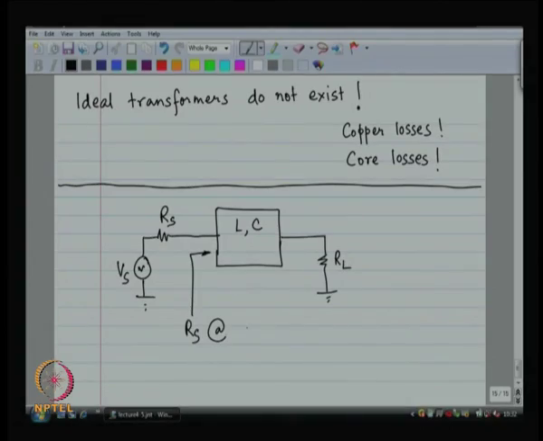What is possible is to make a network which at discrete interesting frequencies works in the fashion that I have shown. So, it is possible to select certain discrete frequencies, let us call them f1, f2, etc. Only at these frequencies the input impedance of the entire network is actually equal to R_s.